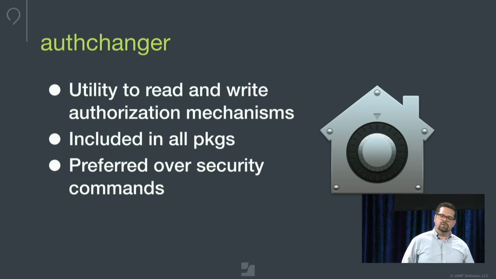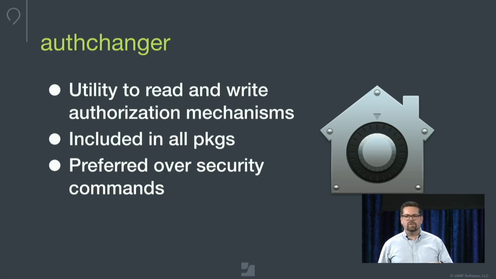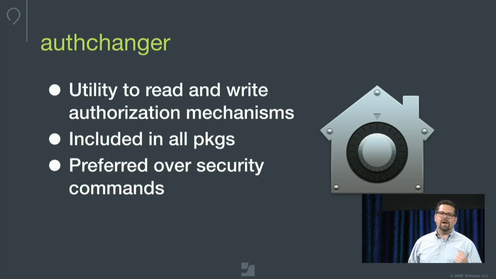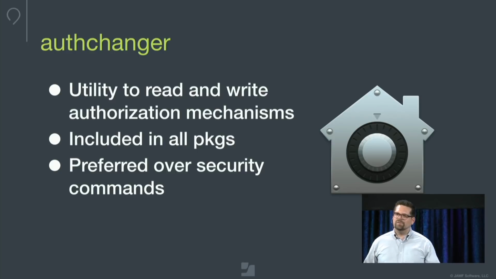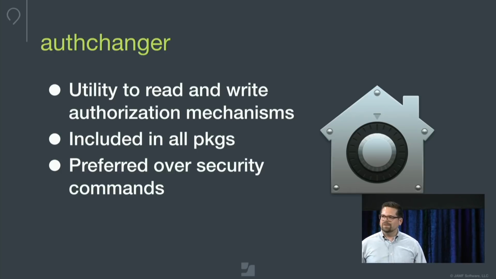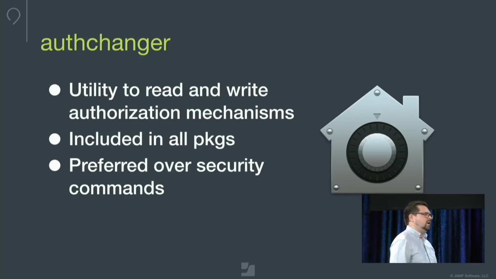It's actually really fragile. With AuthChanger, those things are hard-coded in, so as long as you have that binary, you can get back to a stable working state. If all you have is that text file and you put it somewhere like the temp folder, which you don't want to do, then you reboot your computer, and a temp file is temp for a reason. It will disappear on you.